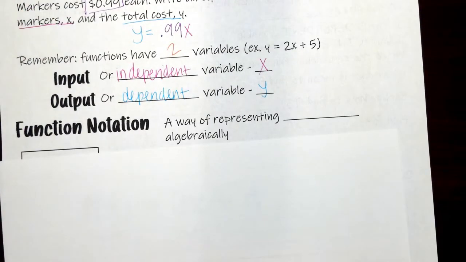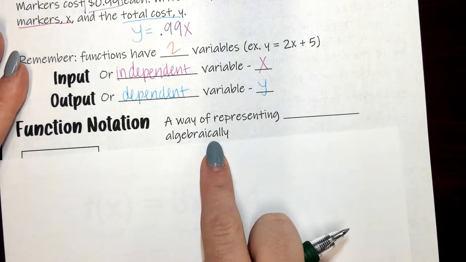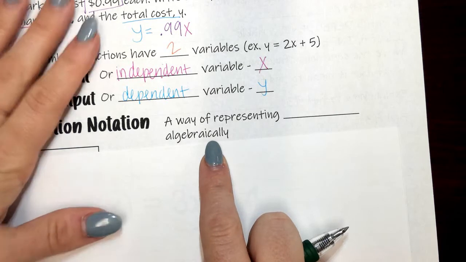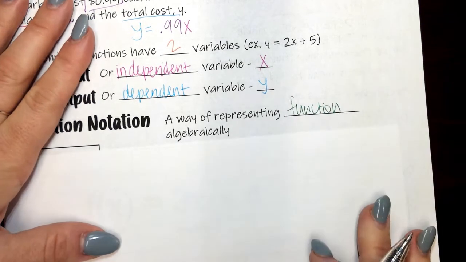Alright, there's another way of writing this. Instead of writing y equals 0.99 times x, we can write it in function notation. This is a way of representing our function algebraically.